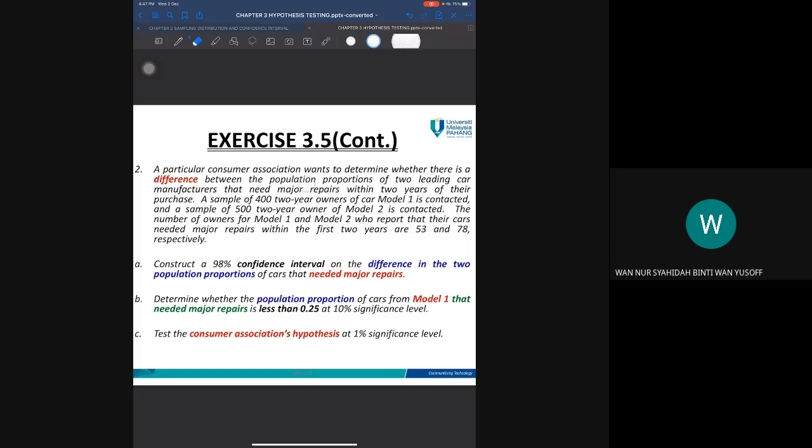It is clear that here we have proportion. So the parameter will be pi.